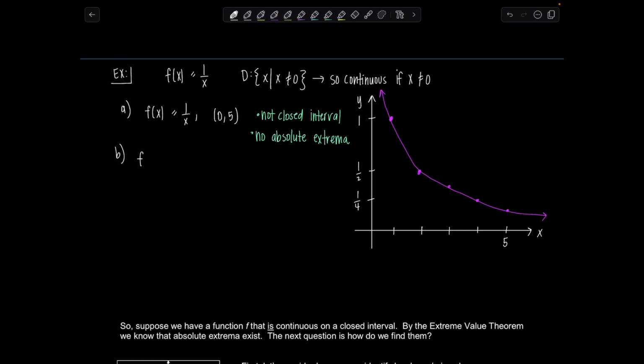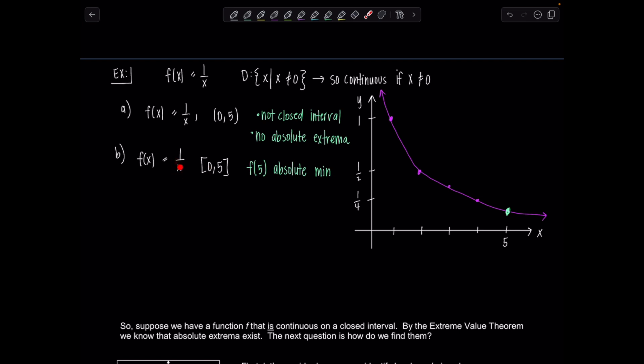Okay, so now we're going to still look at f of x is 1 over x. How about on the interval from 0 to 5? Okay, this time I made a closed interval. I can say, yes, I can say that f of 5 is my absolute min. Do I have an absolute max? I'm including 0 this time.